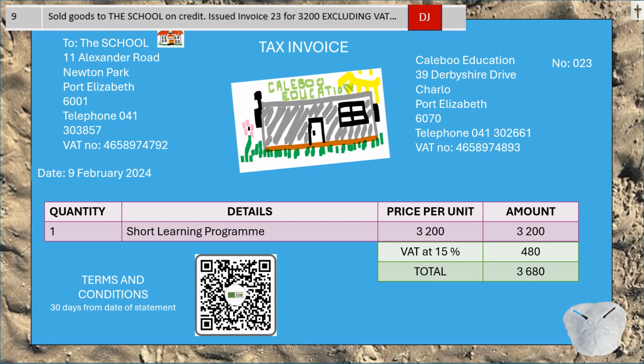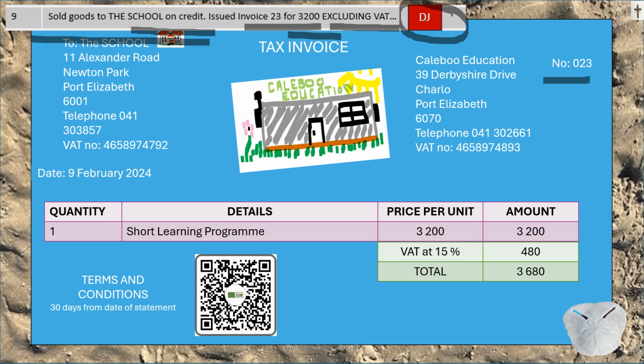This is an example here of a tax invoice, and the tax invoice has recorded this transaction: sold goods to the school on credit, issued invoice number 23. It was for 3,200 excluding VAT, and we've done journals. Where would that be recorded?